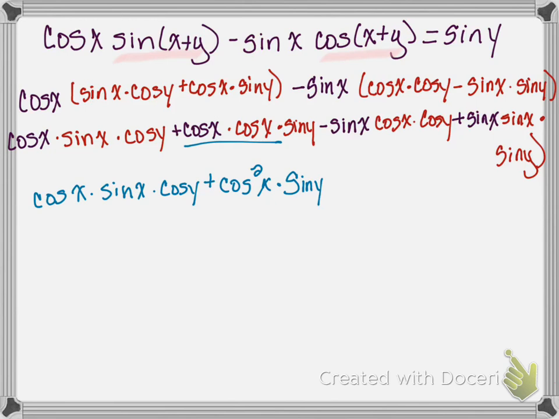Here I have minus sine of x times cosine of x times cosine of y. Then I have sine squared of x times sine of y. Now I didn't write down why we were doing what we were doing, so let me go back and make some notes of that.